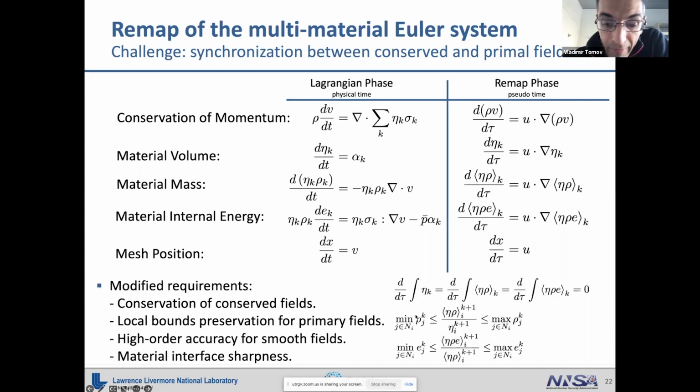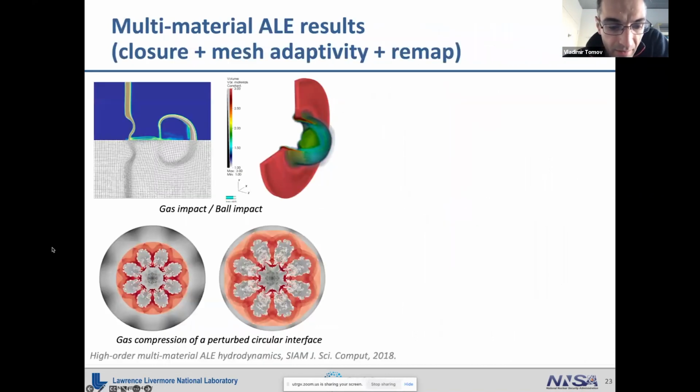So this is a challenge here, and we spent a lot of time to derive methods that do that properly. They are in this paper here. But once that's right, then we can run real things.